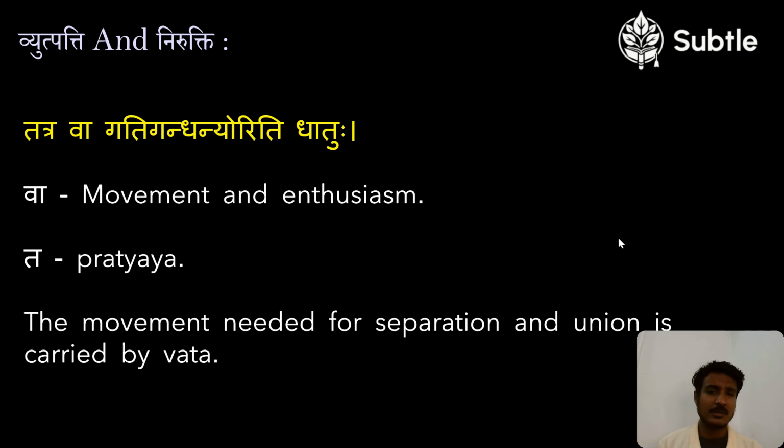Even in general Hindi, Telugu, Kannada, you might have heard of this word. Gati means what? Movement. Gandhana is the word for enthusiasm or the energy, the utsaha to do something. That kind of feeling which comes in a living being is Gandhana. Gati and Gandhana together make a person lively, make a person a living being, we say, right?